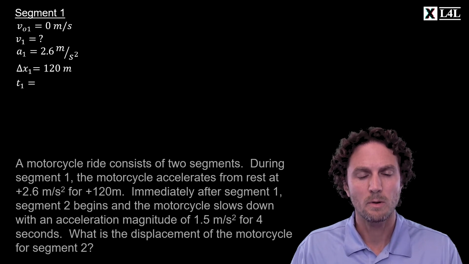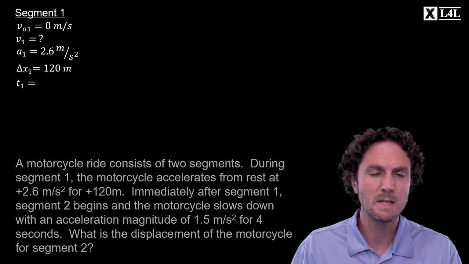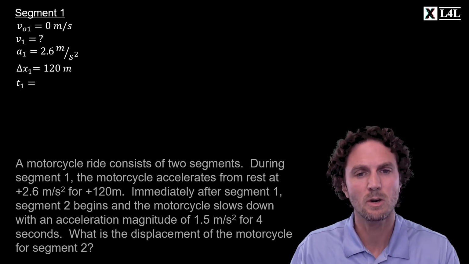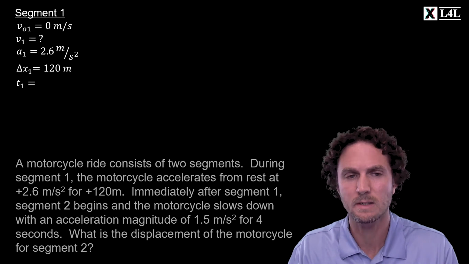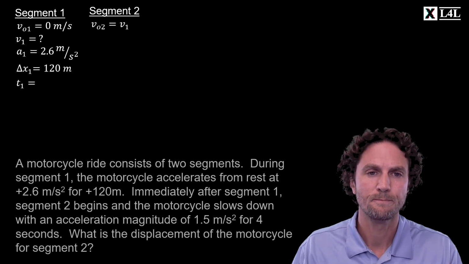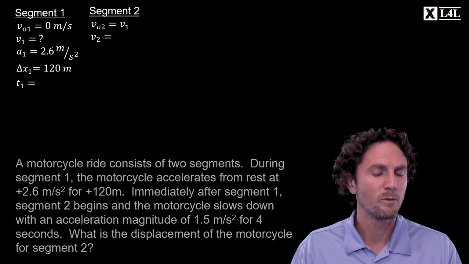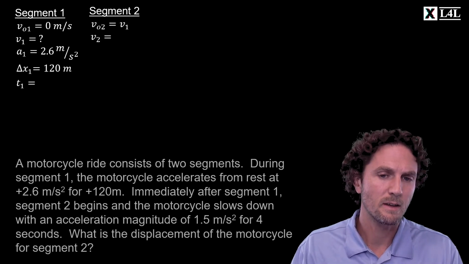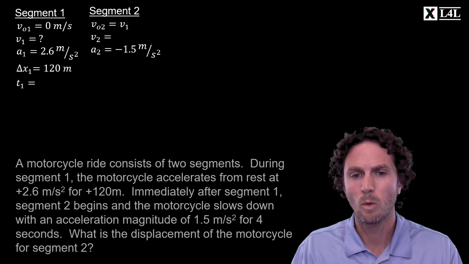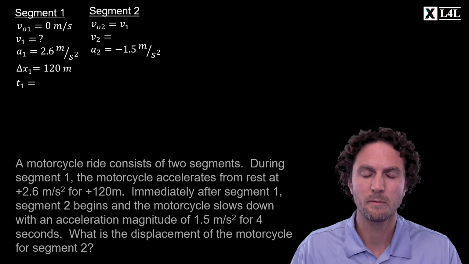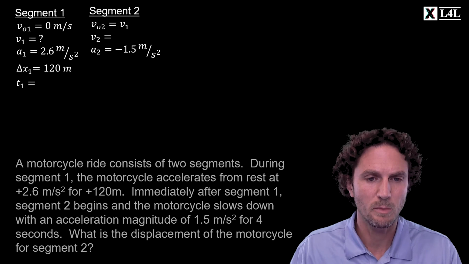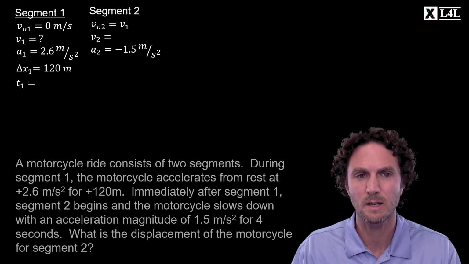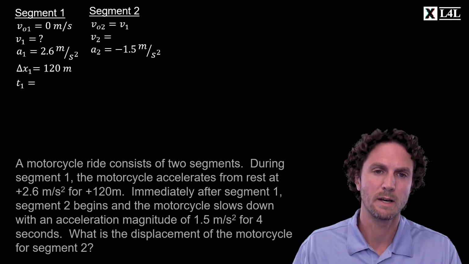But we do remember that segment 2 starts immediately after segment 1, so the final velocity from segment 1 is also our initial velocity for segment 2. We don't know the final velocity at the end of segment 2, and we're told there's an acceleration with a magnitude of 1.5 meters per second squared. But since the motorcycle is slowing down in segment 2, it must be in the opposite direction to the positive direction we defined.